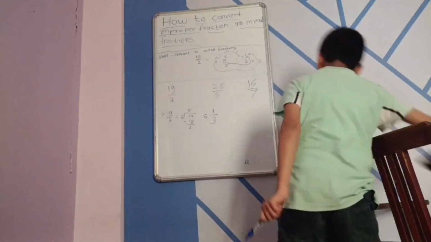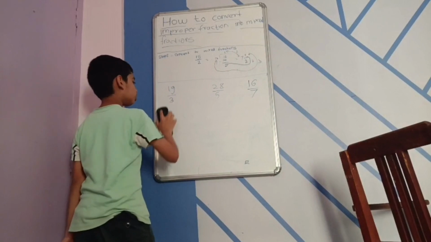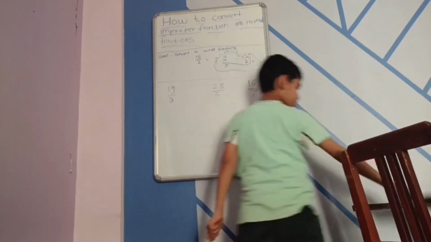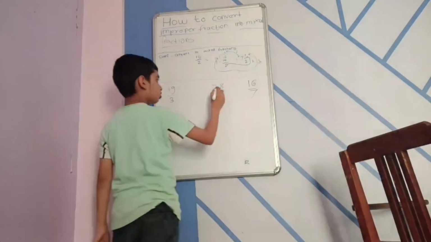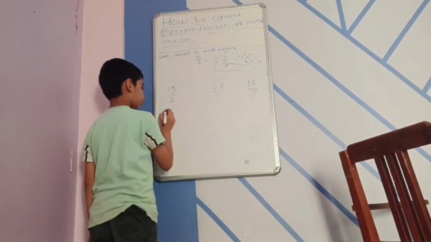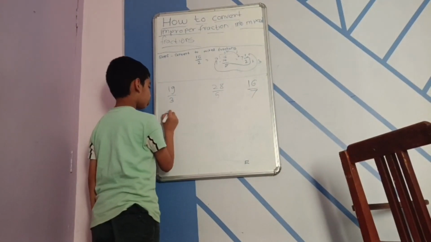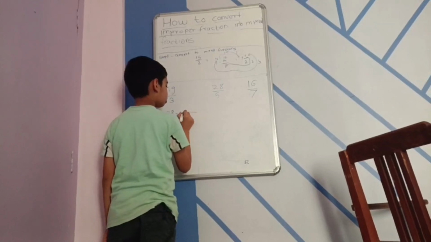Now, the other example. 28 upon 5 is equal to 28 divided by 5.